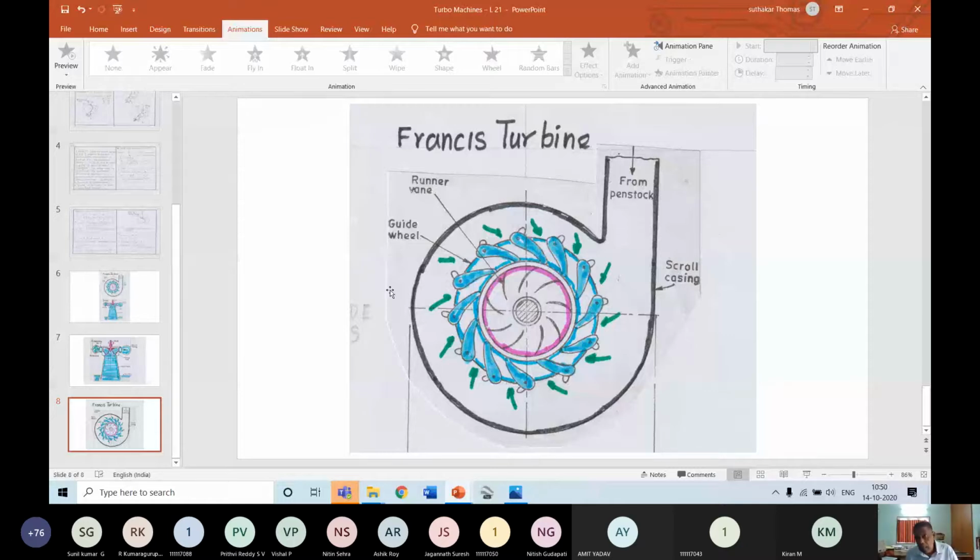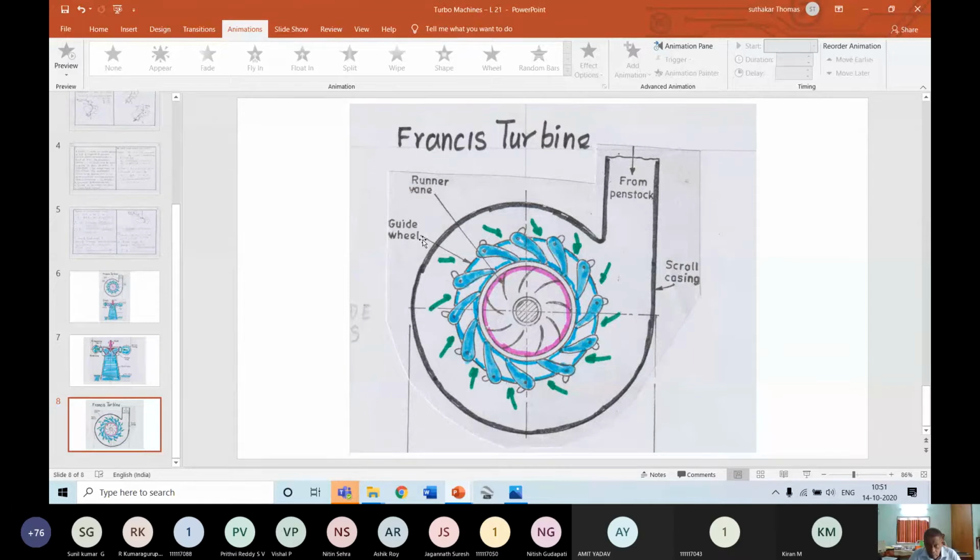Another important thing about turbines is something called governing of turbines. Whether it is a steam turbine or any turbine, especially turbines that are coupled to electrical generators, they have to be governed for speed.